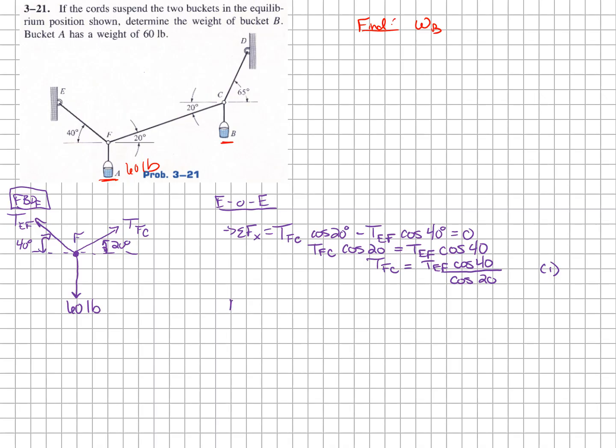So then I can do the sum of my forces in the y direction. I have negative 60 pounds plus TFC sine of 20. The y component of TFC is up, and then the y component of TEF is the sine of 40 degrees, and that's equal to 0.